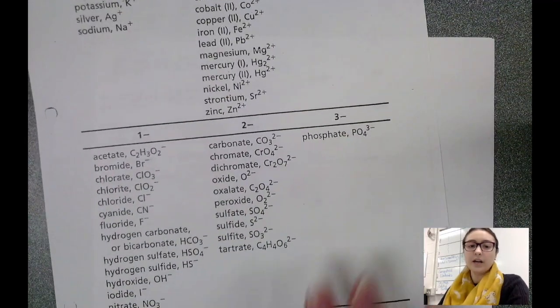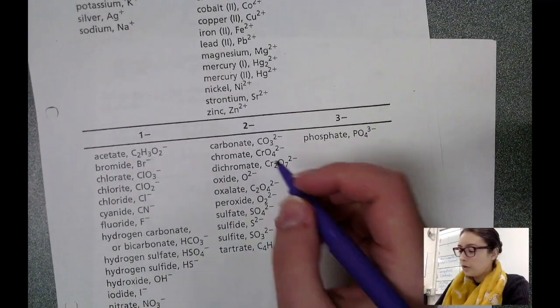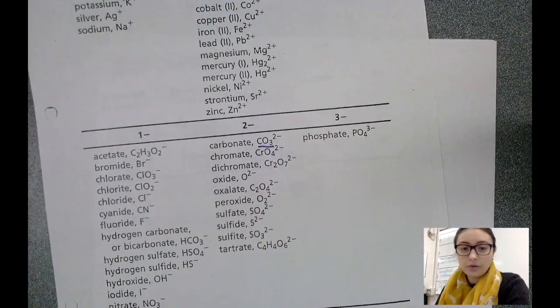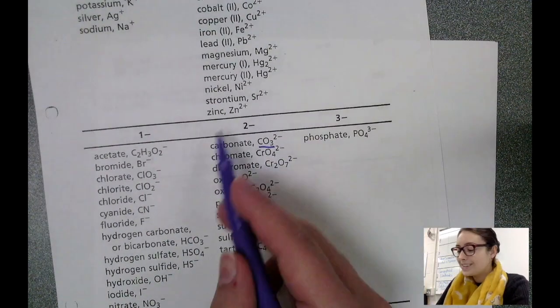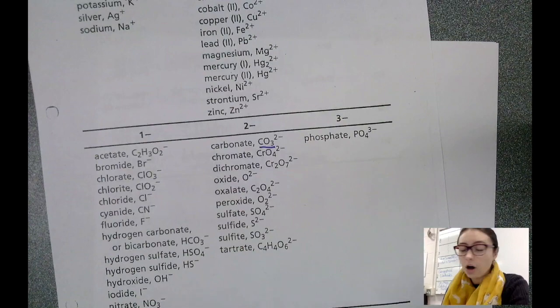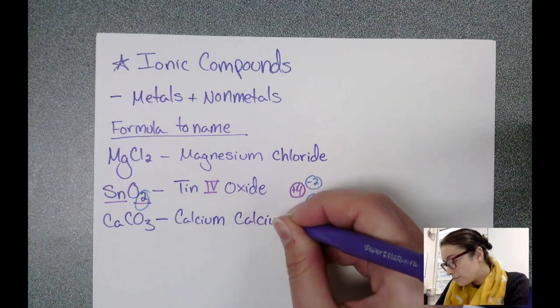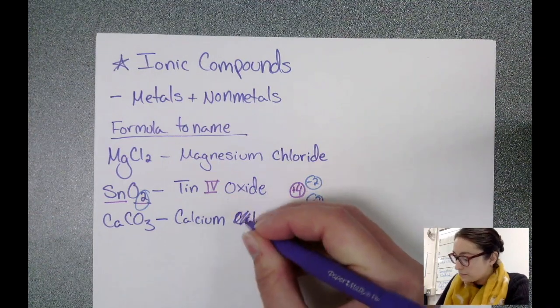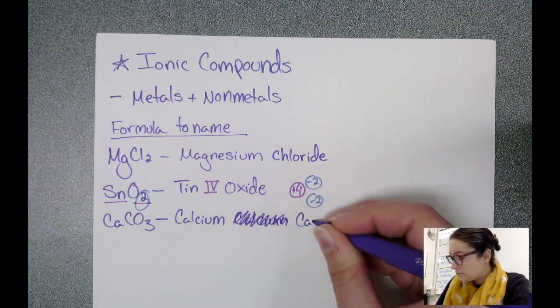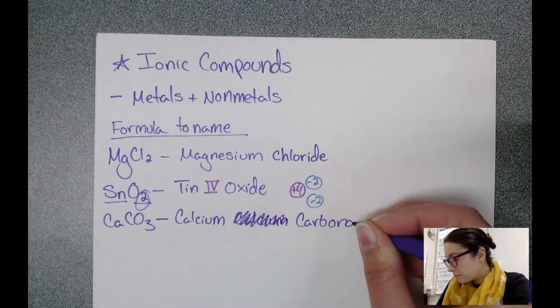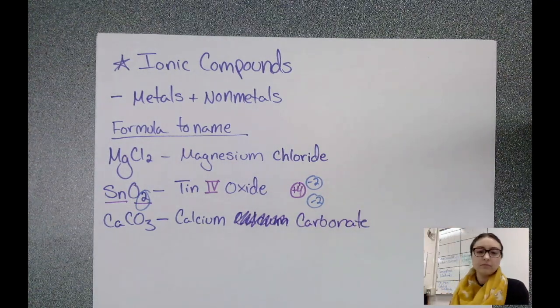So this is where we need to pull out our polyatomic ion chart, which you'll see CO3 is right here. Its name is carbonate. All I got to do is write the name carbonate now. Carbonate. And that's how you would write the name.